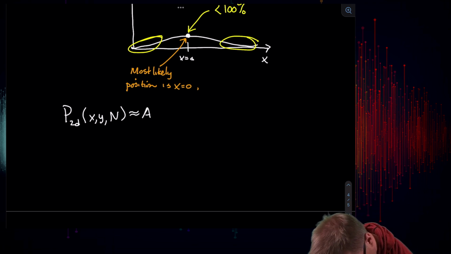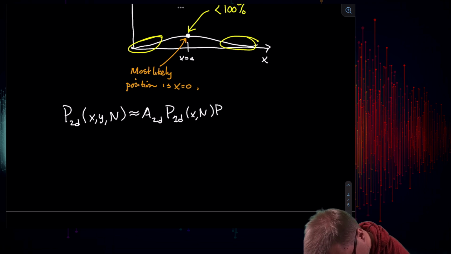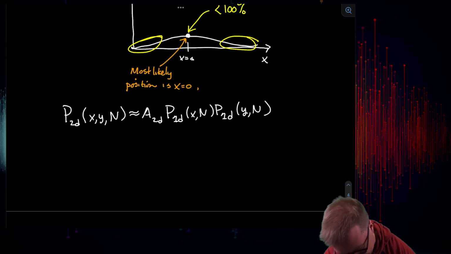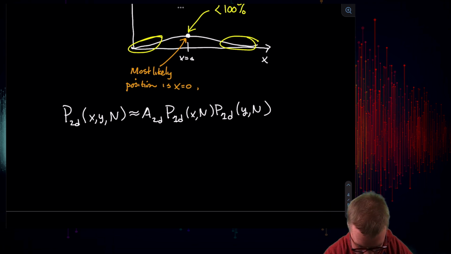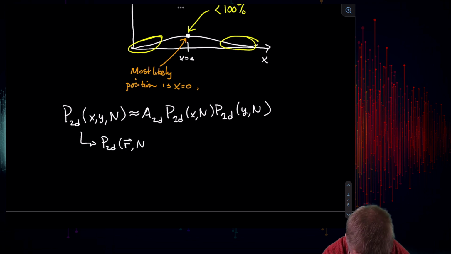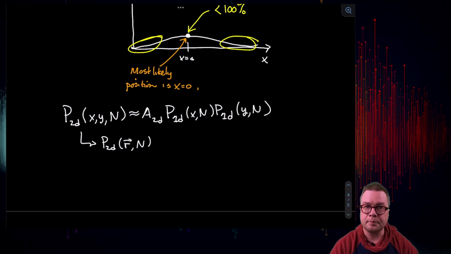So this would look something like some coefficient out front times the probability distribution of x in 1 dimension, the probability of a position y in 1 dimension, and you get the 2D probability like that. Okay? And so in practice, it becomes easier to write this P2D of having a position R after n steps.